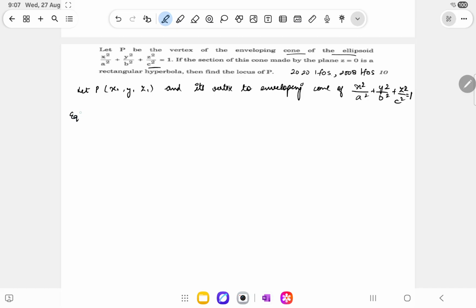So the equation of the enveloping cone will be S1 is equal to T square.